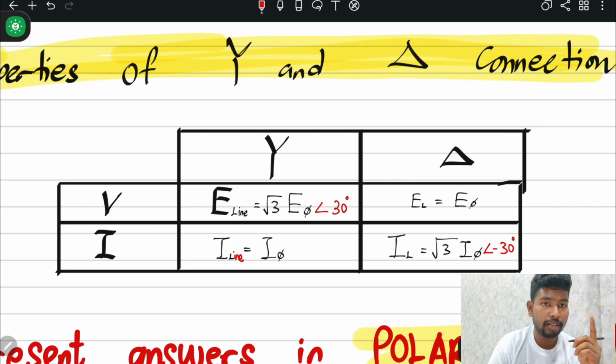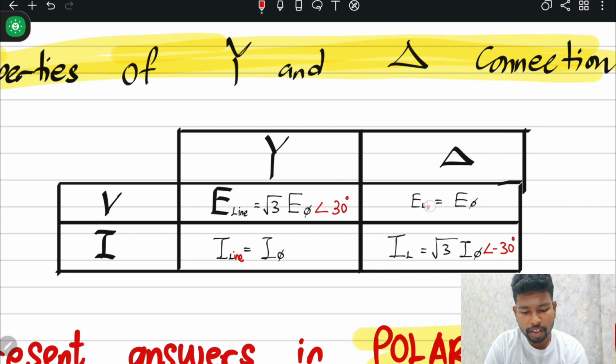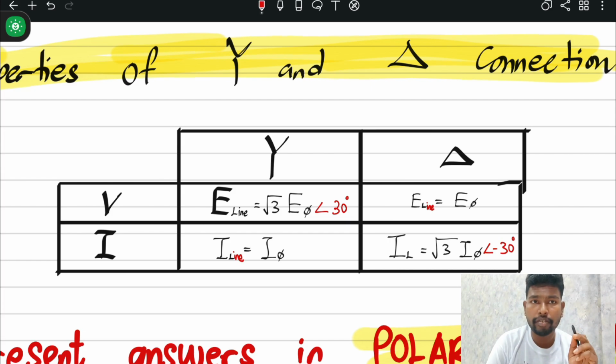Meanwhile, for the delta connection, line voltage is equivalent to phase voltage. Whereas for the current of delta connection, line current is equivalent to square root of 3 times phase current with shifting angle of negative 30 degree.